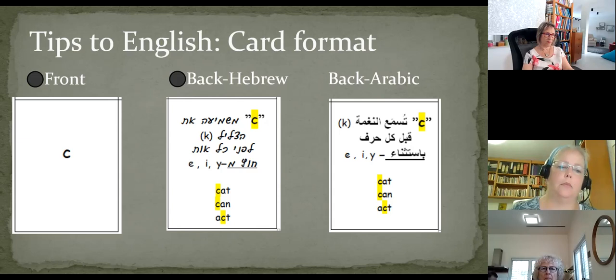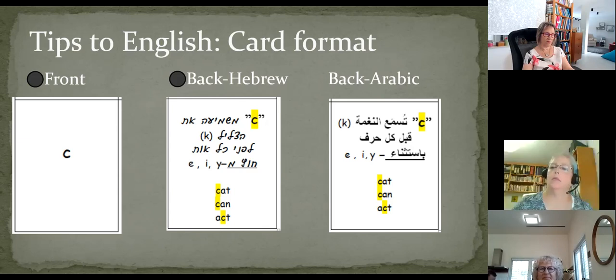And you give examples that only use the letters and combinations that they've learned so far, so that they can actually read the examples and they can see it in action. And with these tips, we don't expect the students to be able to immediately recite the principle.